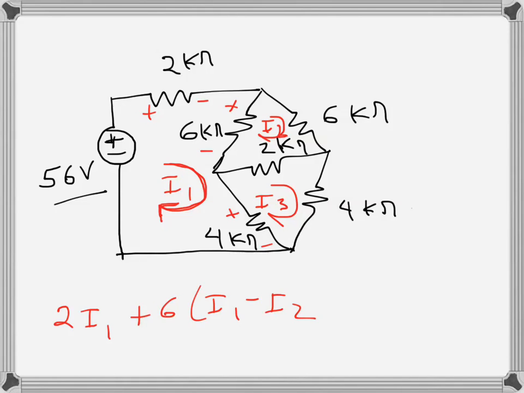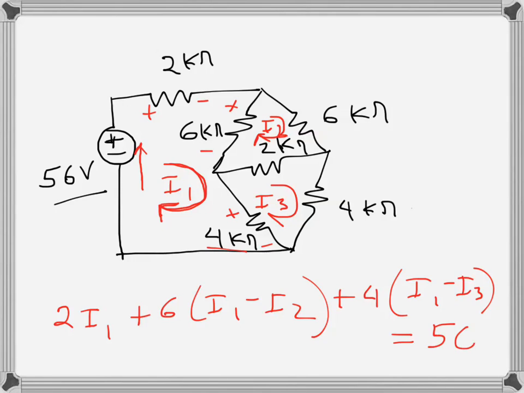Similarly, for this 4 ohms resistance, 4 I1 minus I3, and on the right hand side the voltage source, going in the counterclockwise direction, this is a rise, so rises on the right hand side, 56 there.